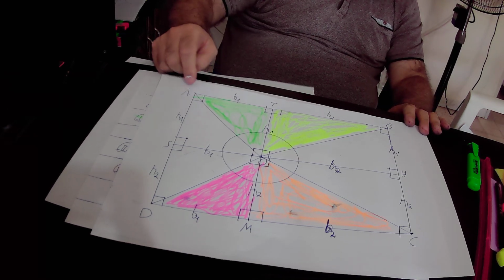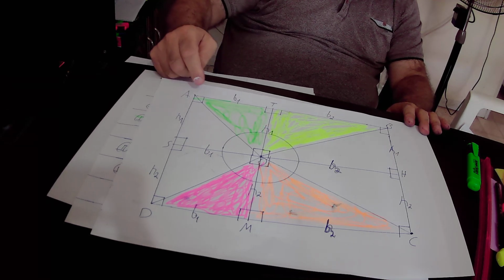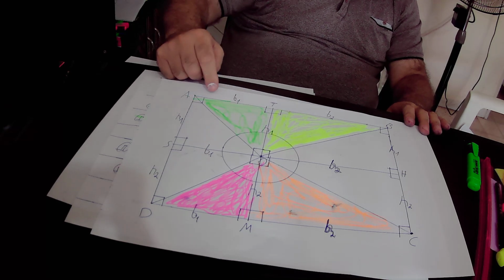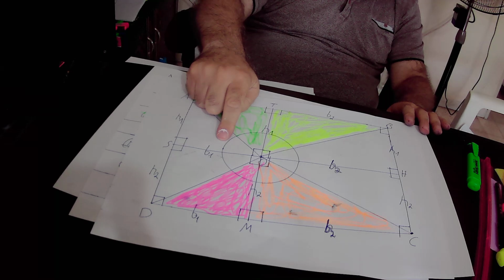Then we focus on rectangle ATSO. In this rectangle, the opposite sides are equal to each other. That is to say, AT equals SO. But we know that AT equals B1, therefore SO must be equal to B1.